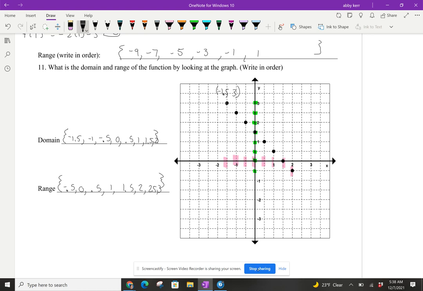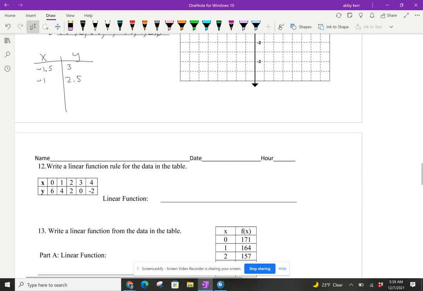So once again, if you make the table, you can do that. So negative 1.5 comma 3 is the first one. This point right here is negative 1 comma 2.5. So then you can list them smallest to biggest.